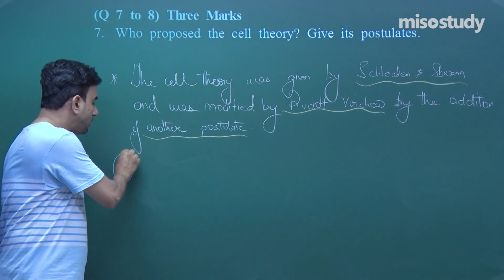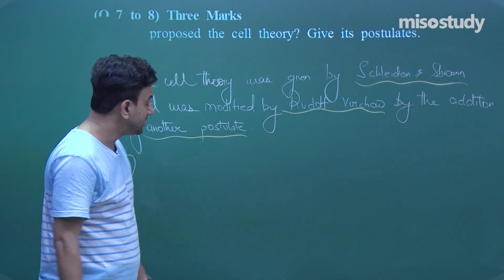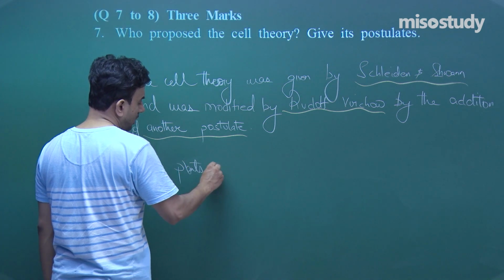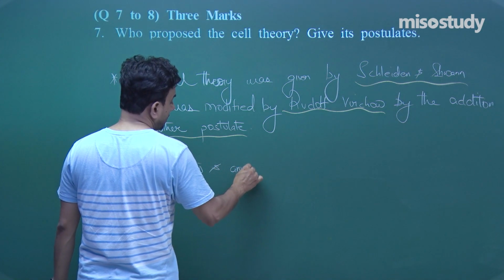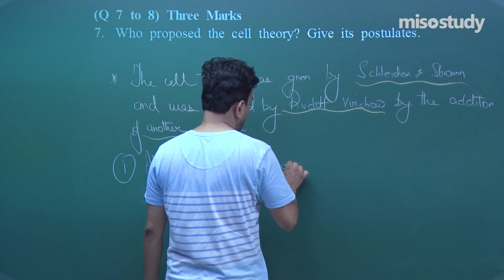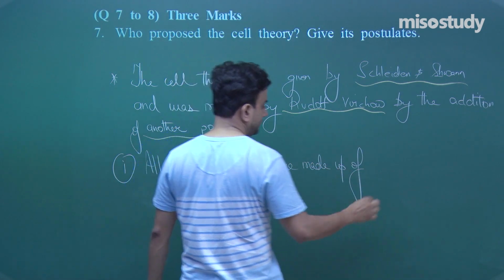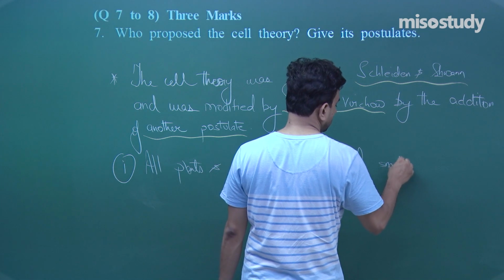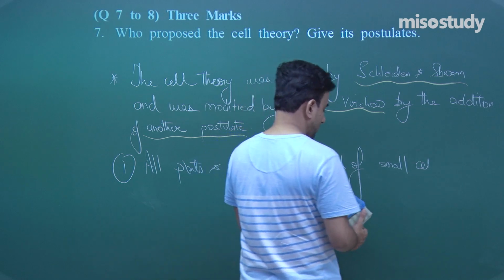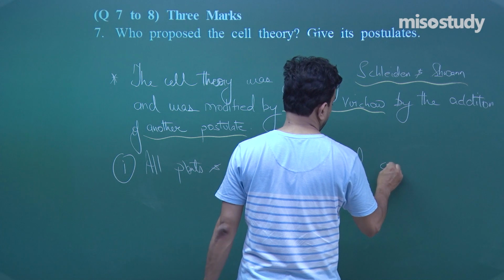Number one, all plants and animals are made up of small units called cells.